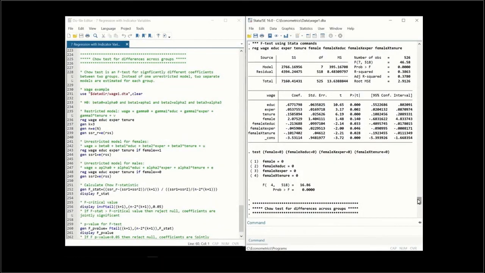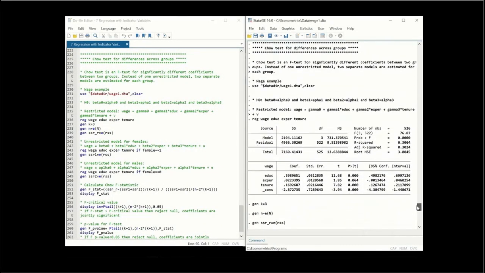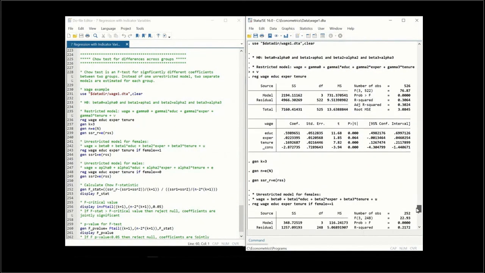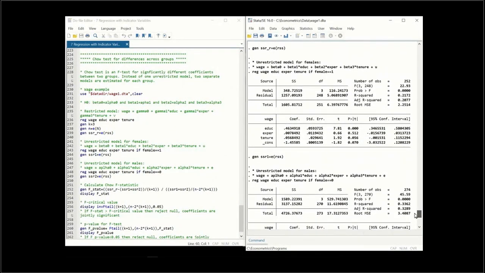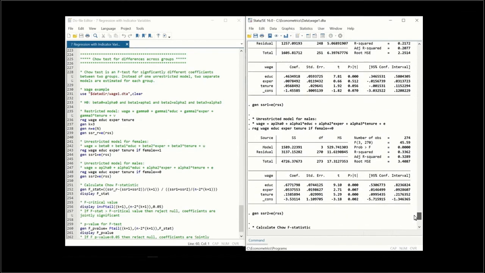So here is the Chow test for differences across groups. This is the restricted model where we have the same intercept and slope for males and females. These are the results that we get in terms of the coefficients. Now if we estimate the two different unrestricted models, this is the model for females, and this is the model for males.